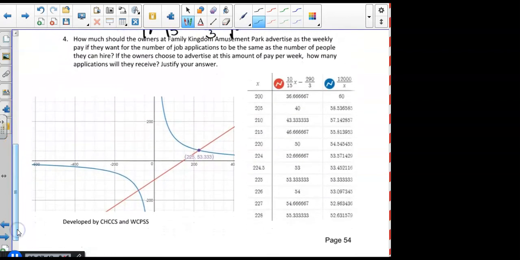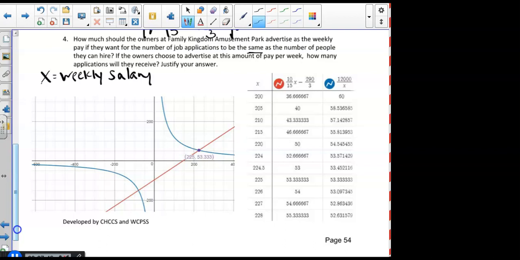In 4, we're asked how much should the owners at Family Kingdom Amusement Park advertise as the weekly pay if they want the number of job applicants to be the same as the number of people they can hire. Okay, so let's keep in mind that we're sticking with x being the weekly salary. So we need to figure out how we can compare those two values.